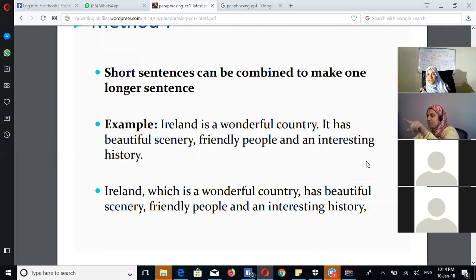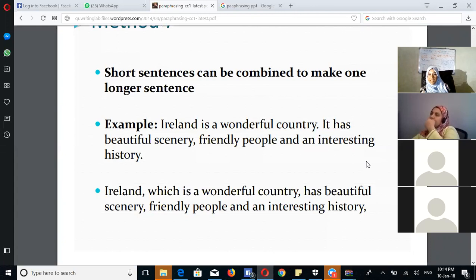But when I focused, I noticed that which is a wonderful country is additional information, so I have to put it between two commas and then complete the sentence. But the weird thing for me is the end of the sentence with the comma. No, it's not right. It must be a period. This is wrong.